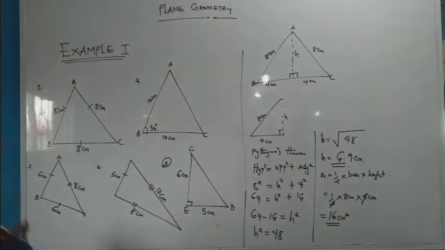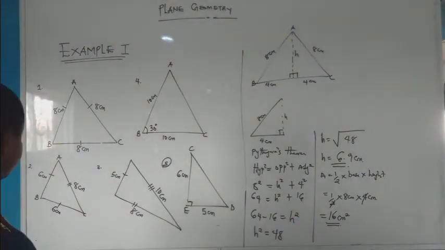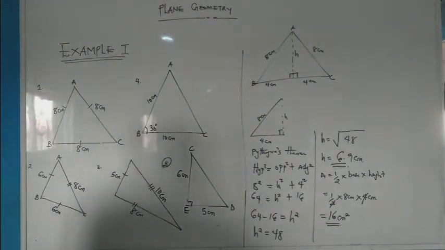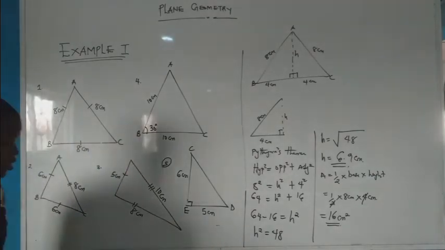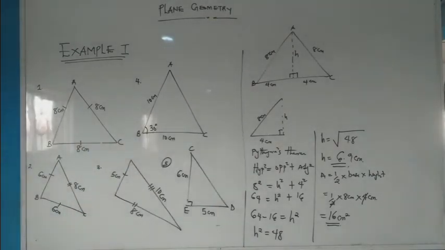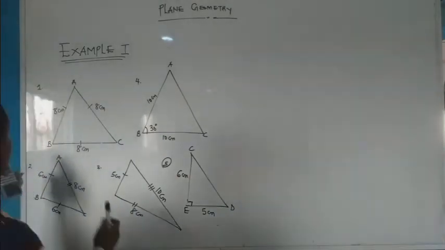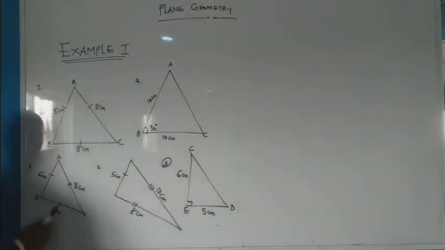Okay, so let's look at the second one. That's question number 2. It says find the area of this triangle ABC. Okay, 2 sides are equal, and the third side has a different value. So what do we do? All right, so this is the second question. 6, 6, 8.